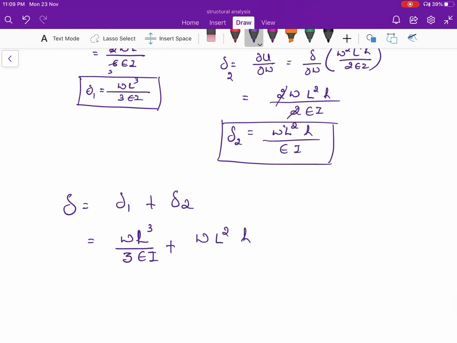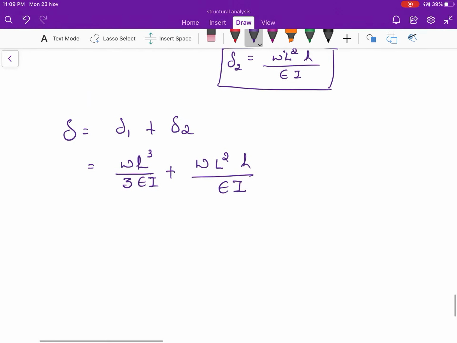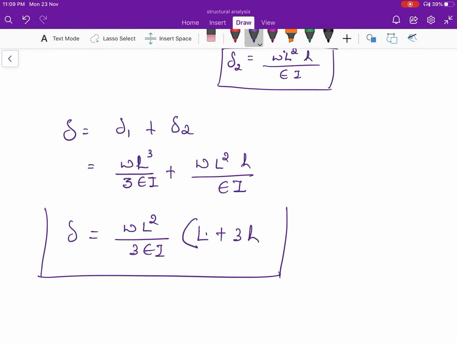W L square h divided by EI. This can be written as W L square divided by 3EI into L plus 3h. So this is delta.